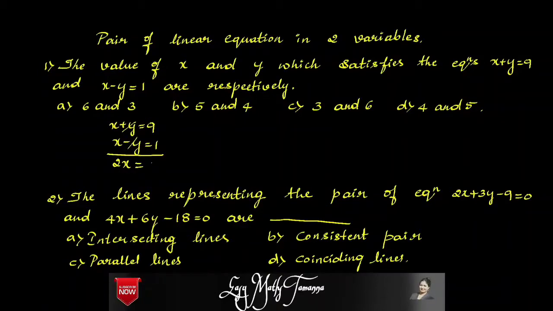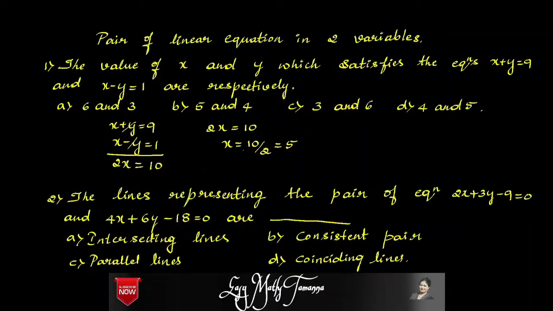So 2x is equal to 10 and x is equal to 10 divided by 2, that is 5. Substitute the value 5 in x plus y is equal to 9: 5 plus y is equal to 9. So y is equal to 9 minus 5, that is 4. So this is the value.